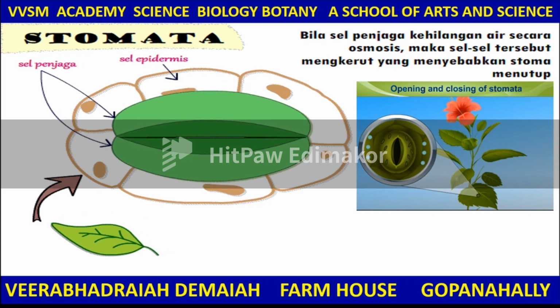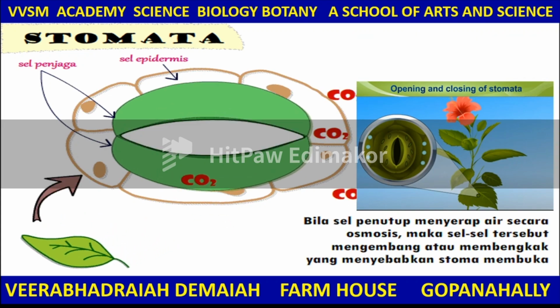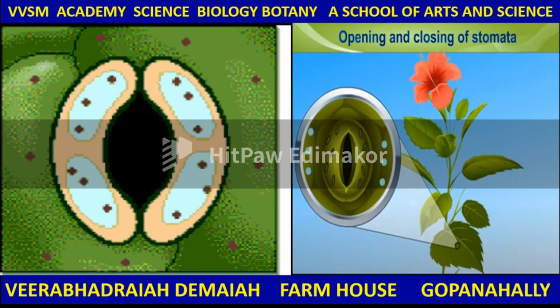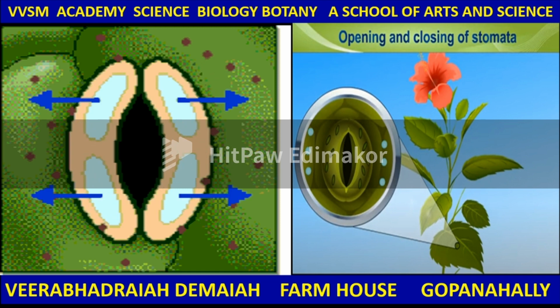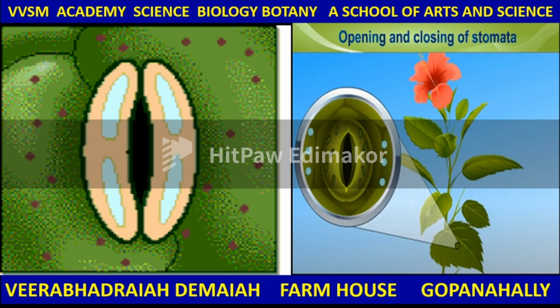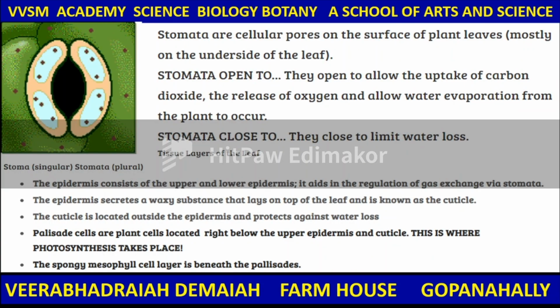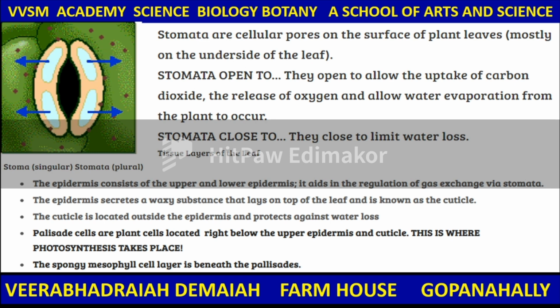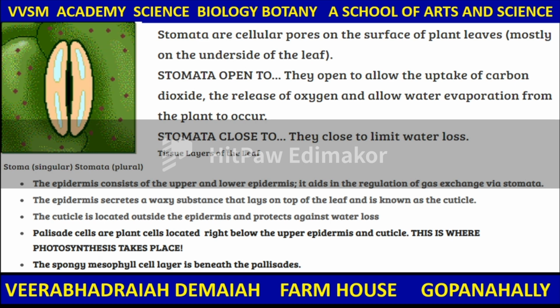This is the important function of stomata. Opening and closing of stomata is a very important function during transpiration. Stomata are cellular parts on the surface of plant leaves, mostly on the underside of the leaf, and the epidermis consists of upper and lower epidermis via stomata. So, my dear friends, photosynthesis takes place during sunlight.